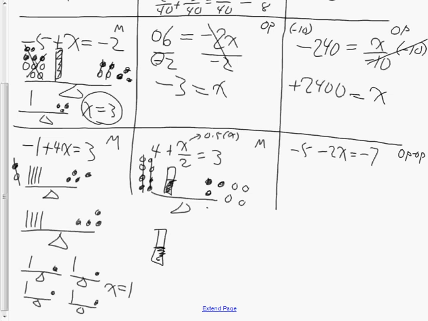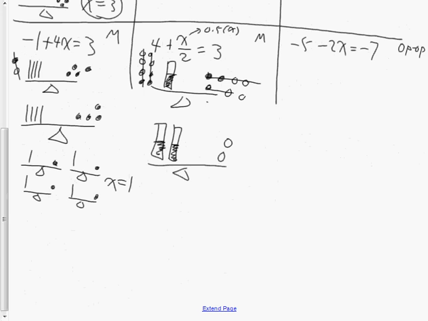I have half of x left is equal to negative 1. If half an x is equal to negative 1, then doubling this side, I now have a full x, so I doubled that side, and I would double this side. My answer would be x is equal to negative 2. Okay?